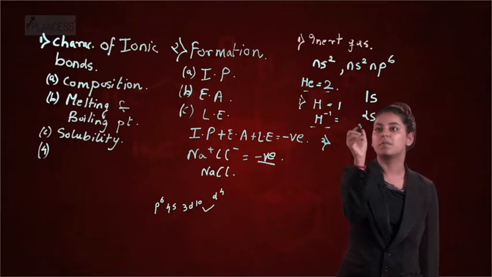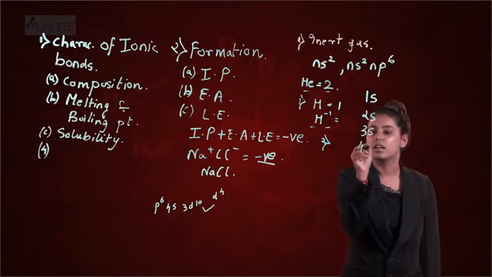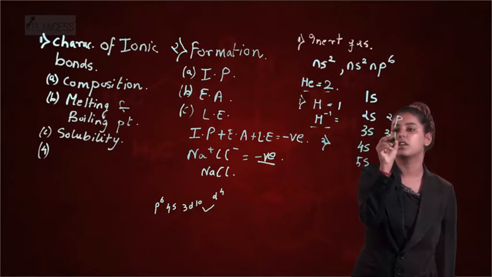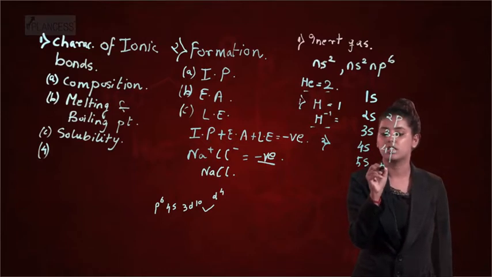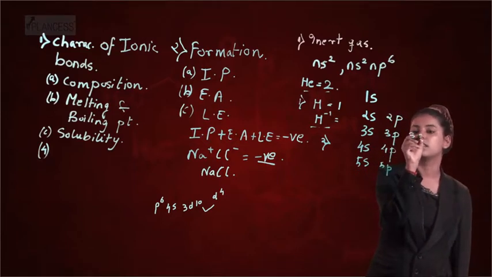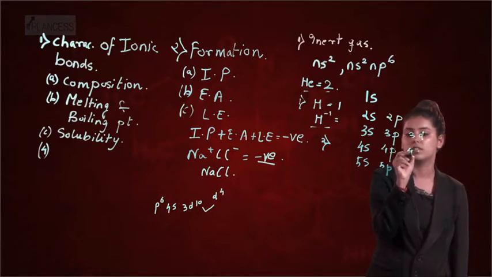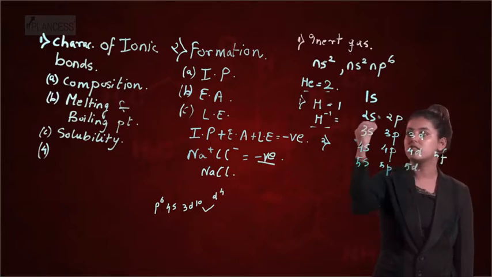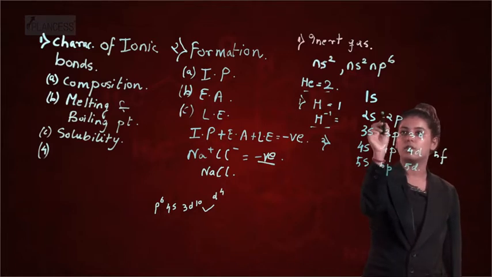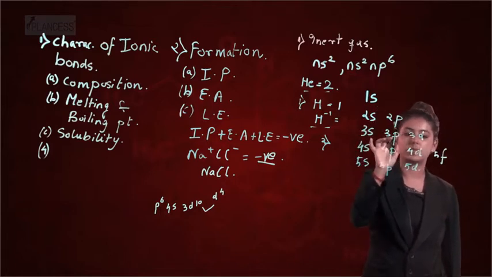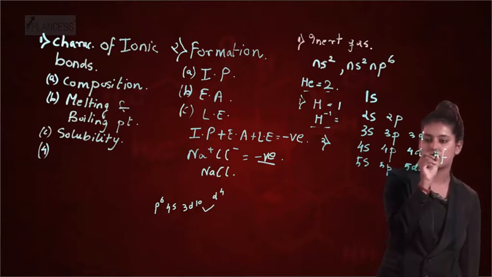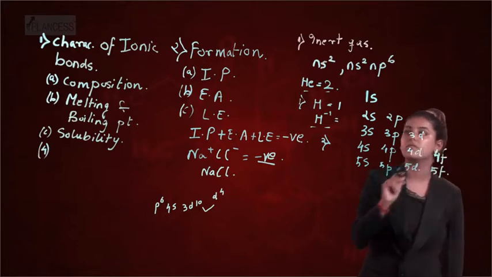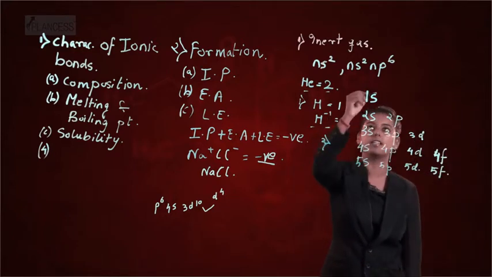All you have to do is make a triangle in a way: S, P, D, and F. So just write 1, 2, 3, 1, 2, 3, 4 and just mention S, P, D and F. Now when we write the electronic configuration, we go diagonally downwards.